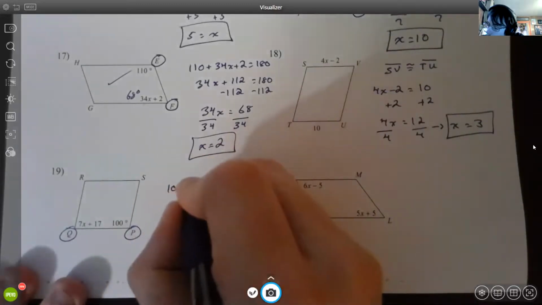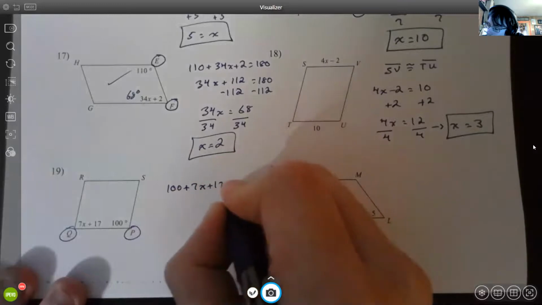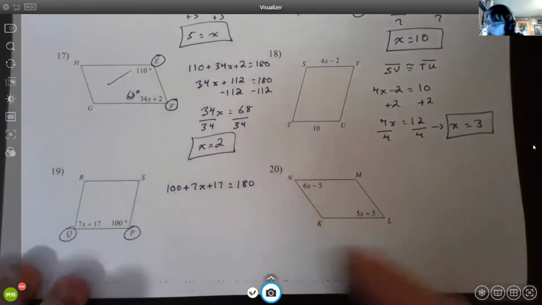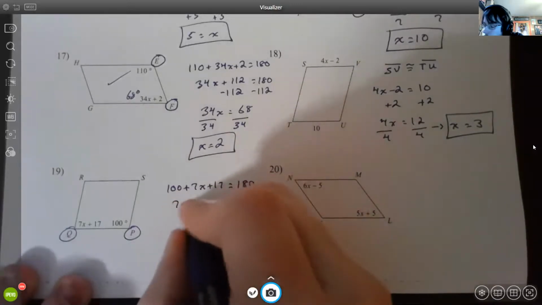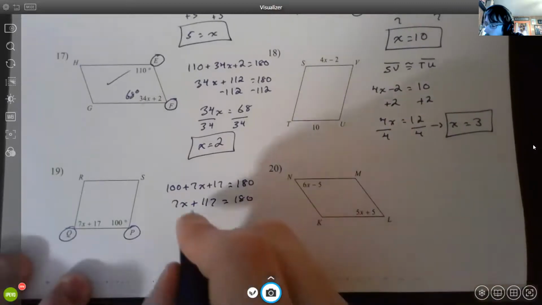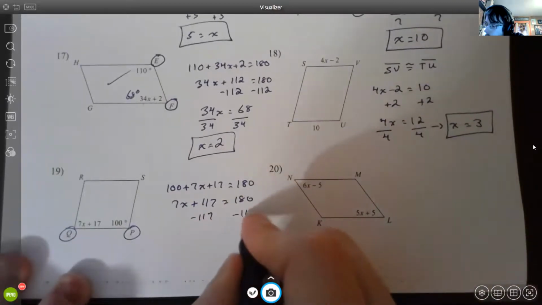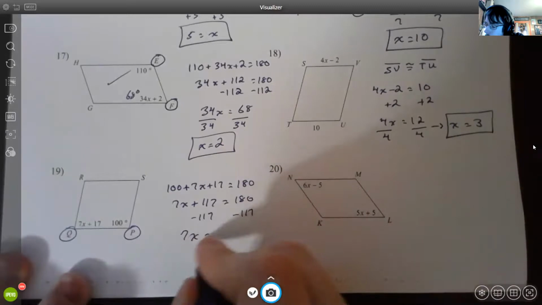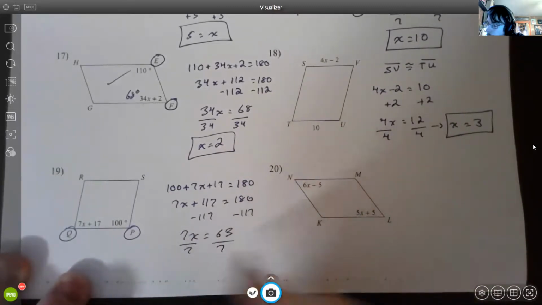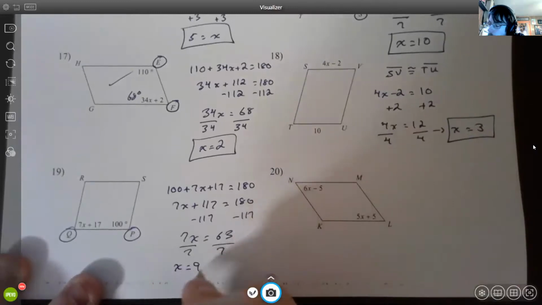So 100 plus 7x plus 17, and set them equal to 180. On the left side, you can combine to get 117, so that gives you 7x plus 117 equals 180. Subtract 117 from both sides, and you get 7x is equal to 63. Divide both sides by 7, and you get x equals 9.